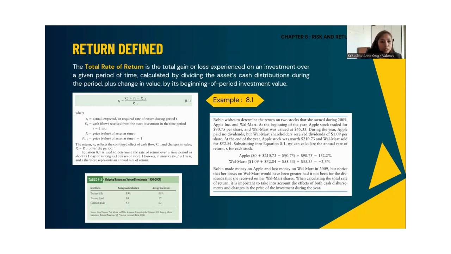We have the expected or required rate of return during the period, the cash flow from the asset investment, and the price value of the asset. This equation is used to determine the rate of return over time as short as one day or as long as 10 years or more. And the R in the formula represents the annual rate of return.